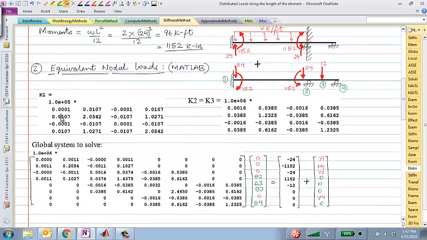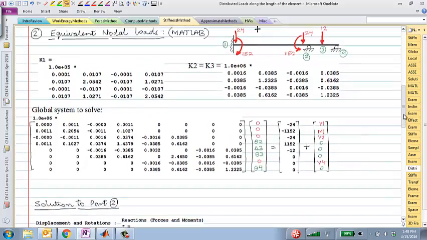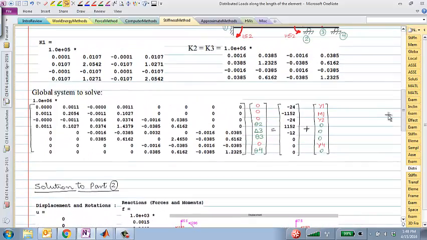Again, I'm not going to run through the code, but you can very easily check that the stiffness matrix for element 1 is this 4 cross 4. For elements 2 and 3, of course, it should be the same because E, I, and L, everything is the same for those two elements from 2 to 3 and 3 to 4. So both of those give you this stiffness matrix. You know already how to assemble them. So I won't go through that again.